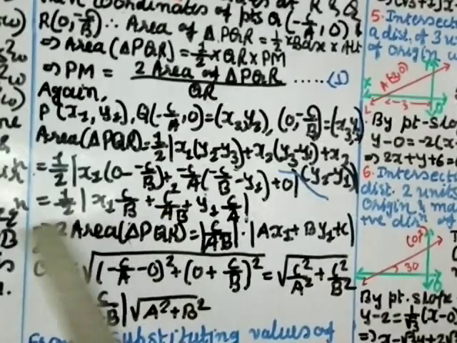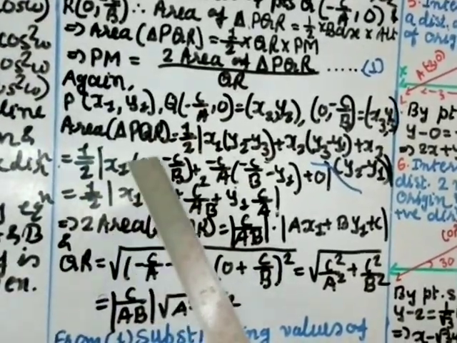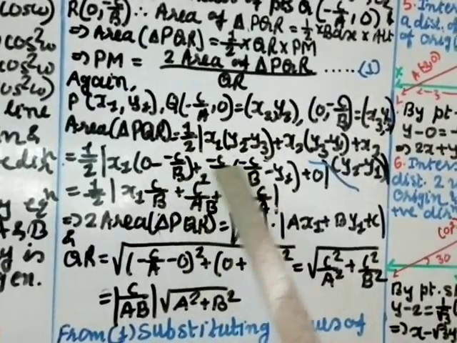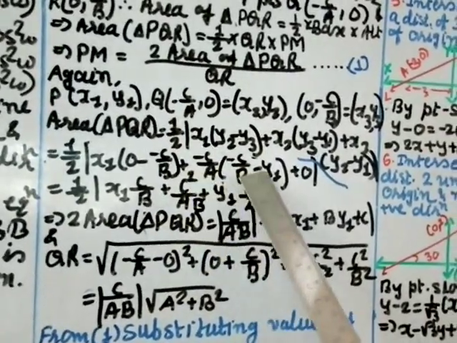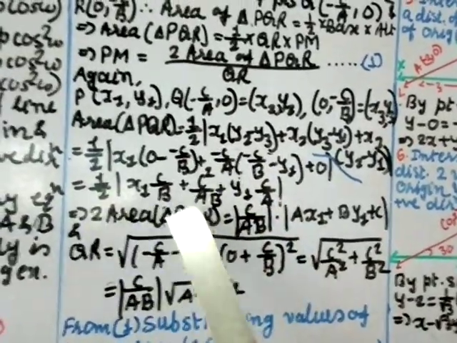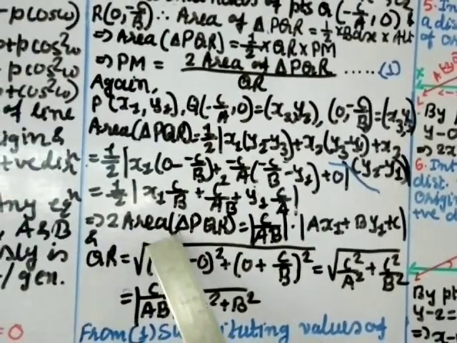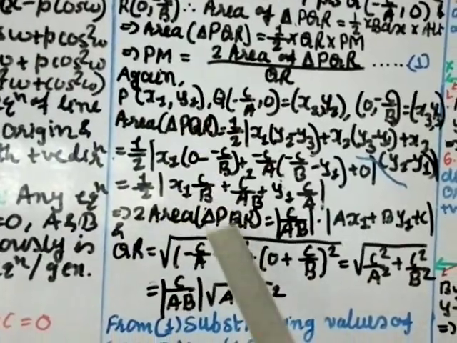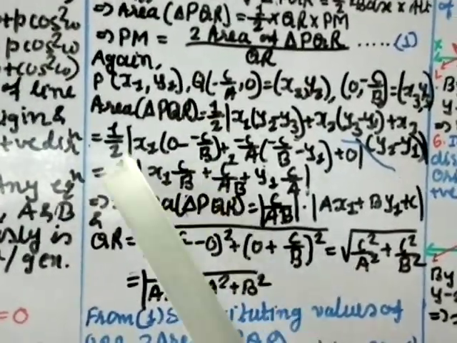So 1 by 2 [x1 times c by b, and this 0 cancels; minus and minus gives plus, c into c, c square by a into b, ab; and this minus and minus again plus y1 c by a]. So what we have found is 2 times area of triangle PQR. This 2 I am transferring over here and multiplying here.